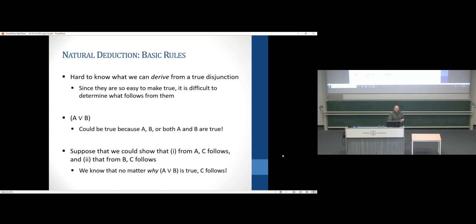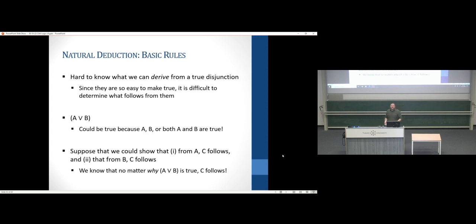So we can clarify this a little bit. Suppose we know that A or B is true. Right? Well, when we think about that, there's three ways that could be. It could be because A is true and B is false. It could be because B is true and A is false. Or it could be that both of them are true.